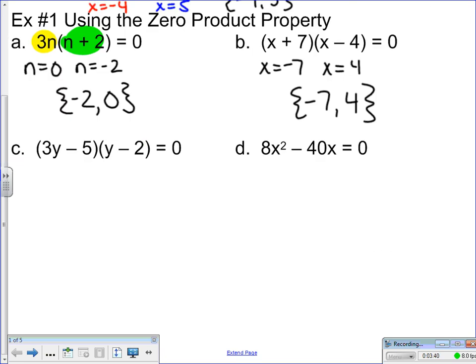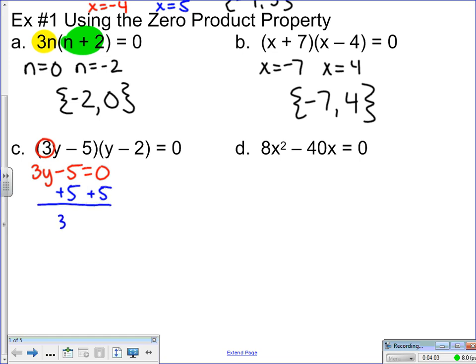All right, so in order to get C, this one may be a little more difficult because there's a number in front of y. So let's write out the problem: 3y minus 5 equals 0. Now if I'm going to solve this, I would add 5 to both sides. So I would get 3y equals 5.